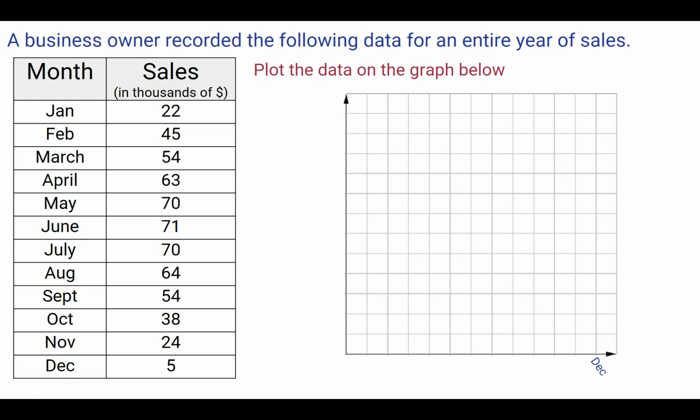A table's already been made. They have the months January through December, and it has sales in thousands of dollars. Sales will be my Y, and months will be my X. So I want you to go ahead and mark those.